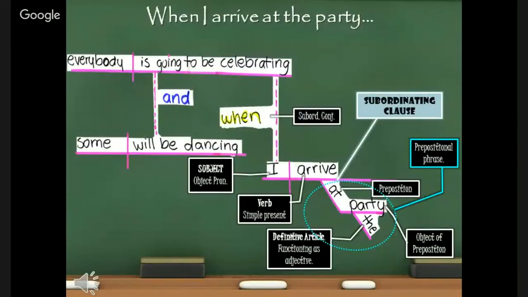At the party is a prepositional phrase because it starts with a preposition and a preposition always has to have an object of the preposition, that in this case is party. Then we have the, that is a definite article and is working as an adjective. All this clause has to go under the verb in the first main clause, that is, everybody is going to be celebrating, just like we can see right now.